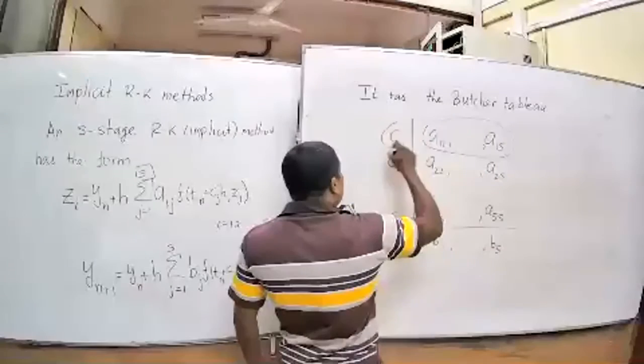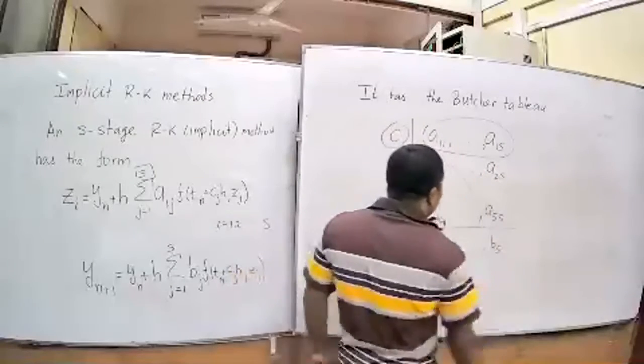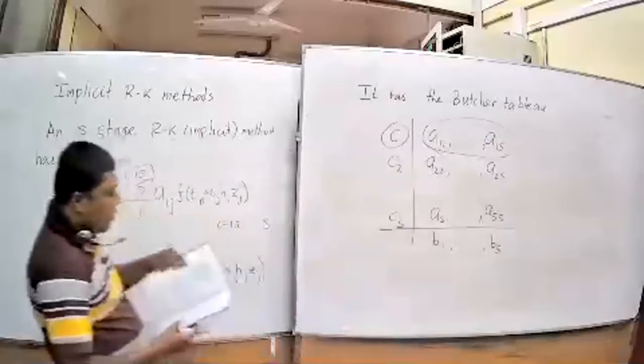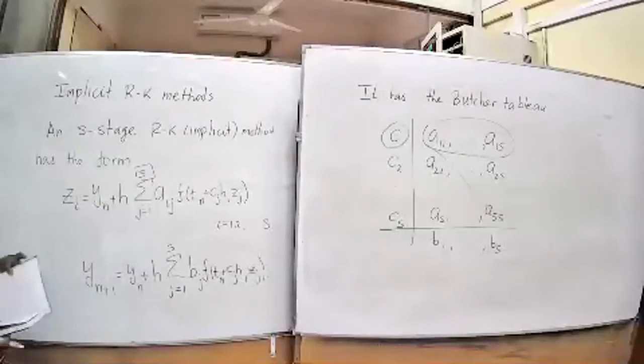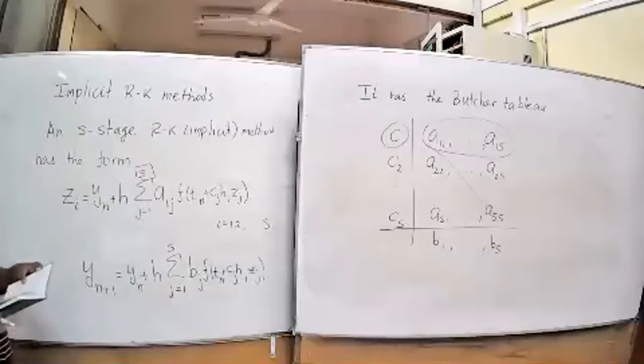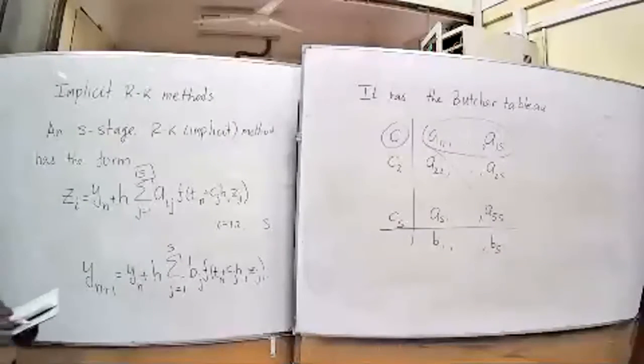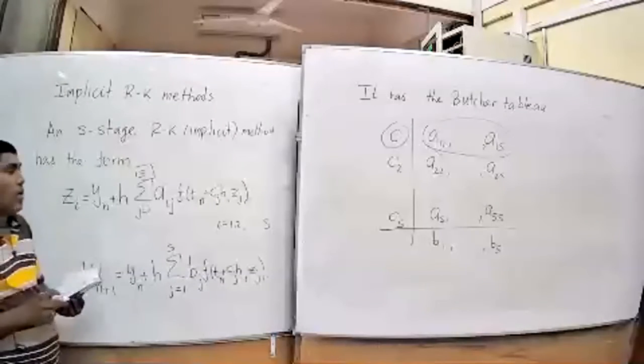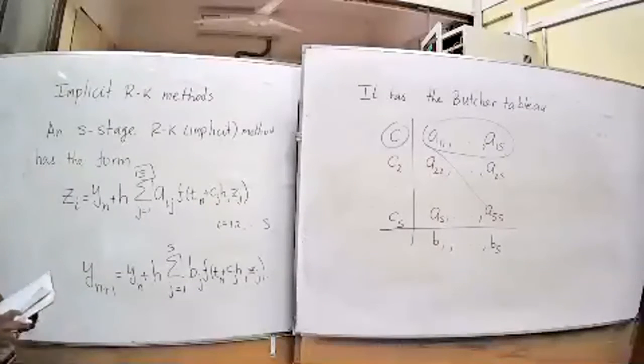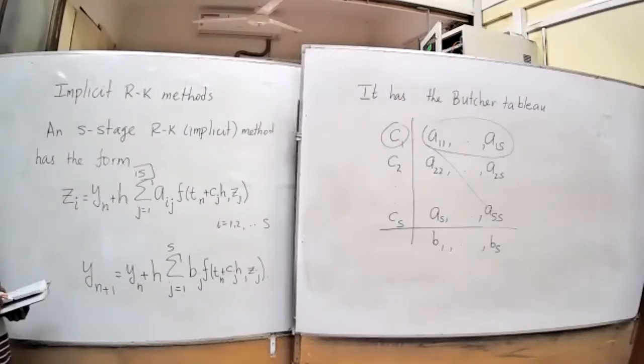In the explicit you would have seen that this whole thing is 0, right? So we set this to be 0, and then we have a lower triangular tableau, right? So in the explicit you have a lower triangular and C1 is 0 and all the others in the first row are 0, but in implicit you don't have that kind of a difference, right?